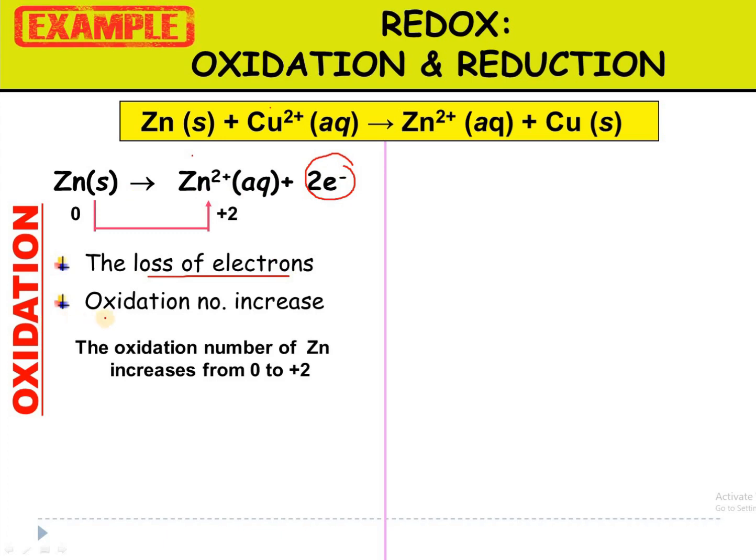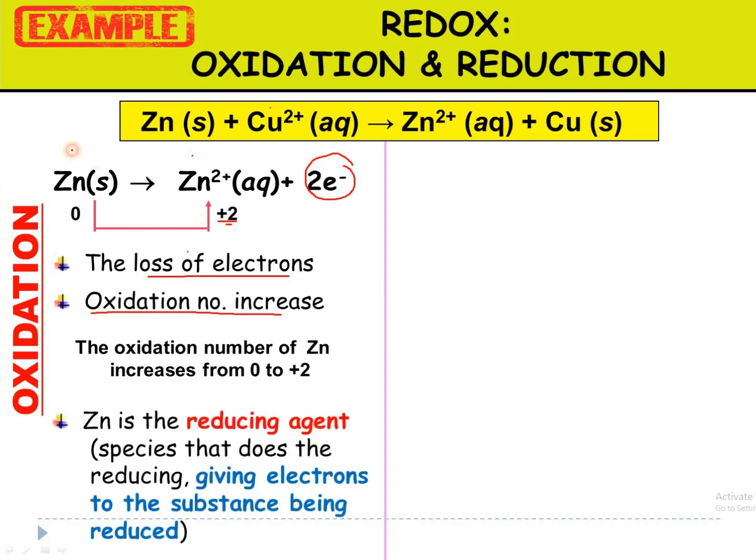Second, in the oxidation process, oxidation number increases. For example, zinc solid has oxidation number 0, and produces zinc 2+ ion with oxidation number +2, so the oxidation number increases. Zinc solid is called the reducing agent. Reducing agent stands for the species that does the reducing, giving electrons to the substance being reduced.